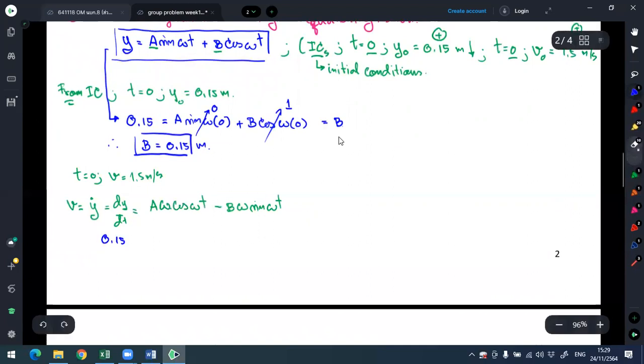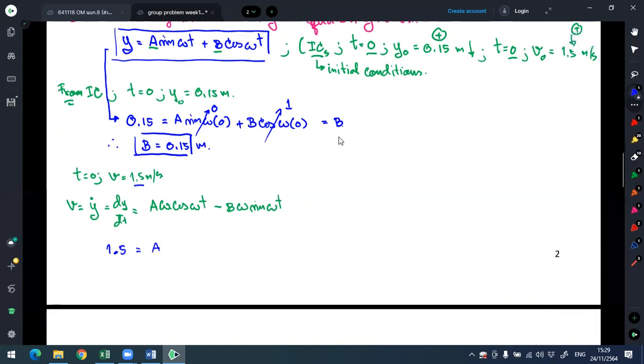Sorry, I said 0.15, but it is 1.5. So 1.5 equals a, that we don't know right now, times omega, which we already know, times cosine omega t.